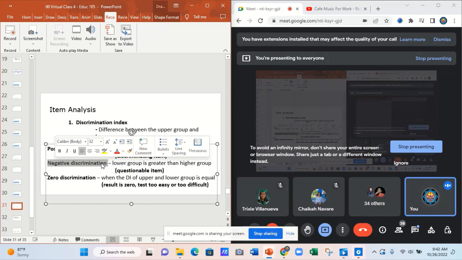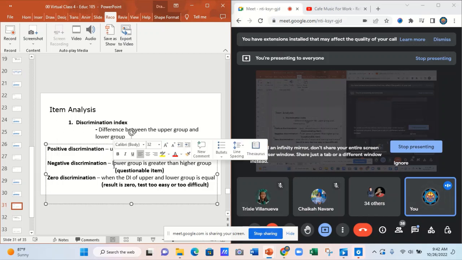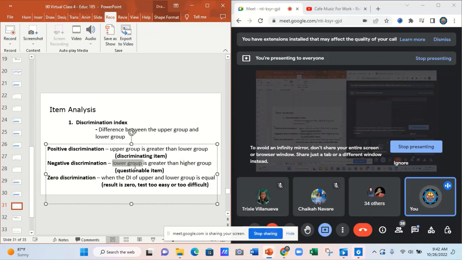However, there is a problem. Because in this case, as opposite to positive discrimination, the lower group is dominating or greater than the higher group. Meaning, ang mga bugo hinoon ang nakatama sa item, unya ang mga bright nangamuti or nangabagsak.